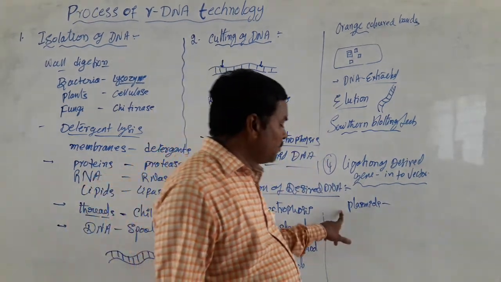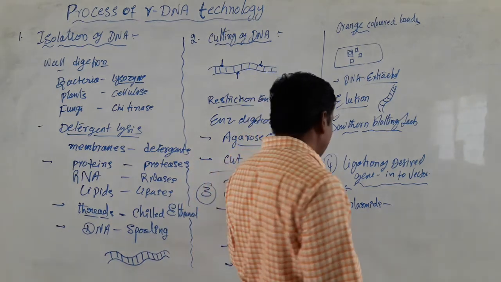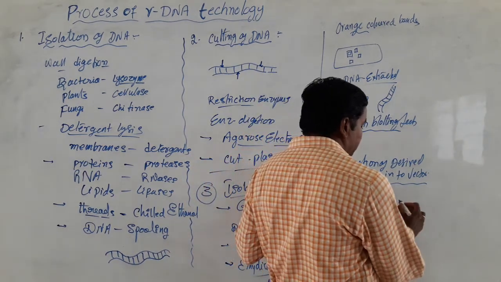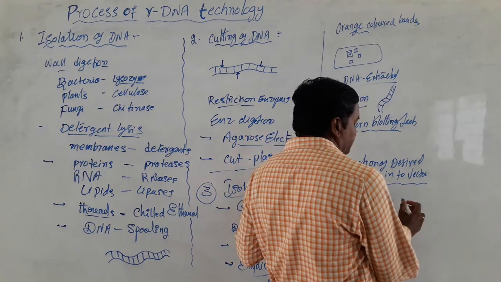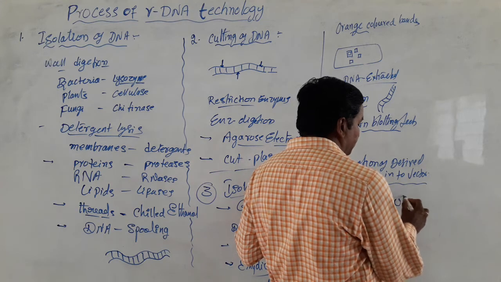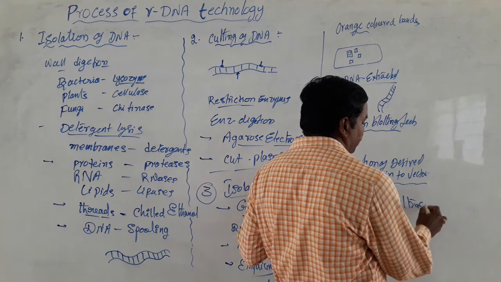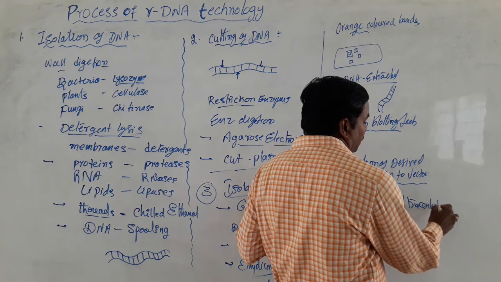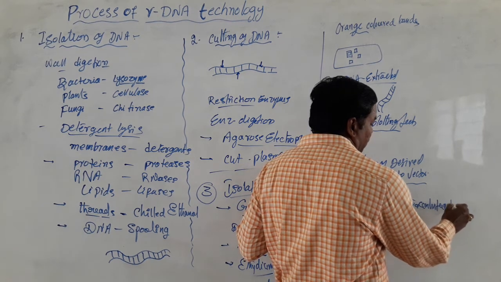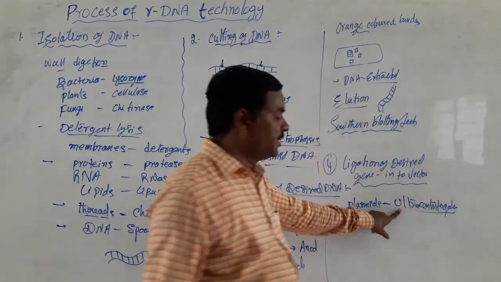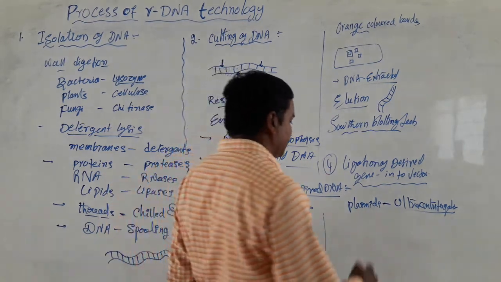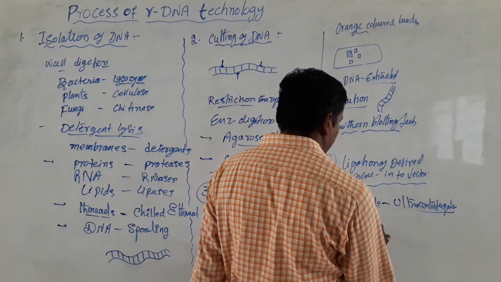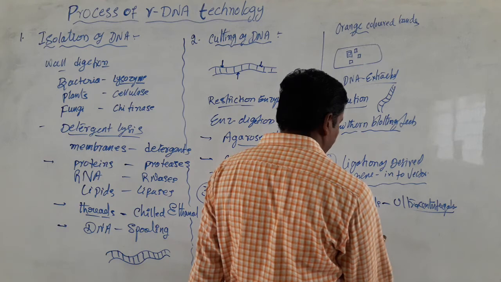In order to isolate these plasmids, the bacterial cell is treated with ultracentrifugation, resulting in the separation of the plasmid like this.